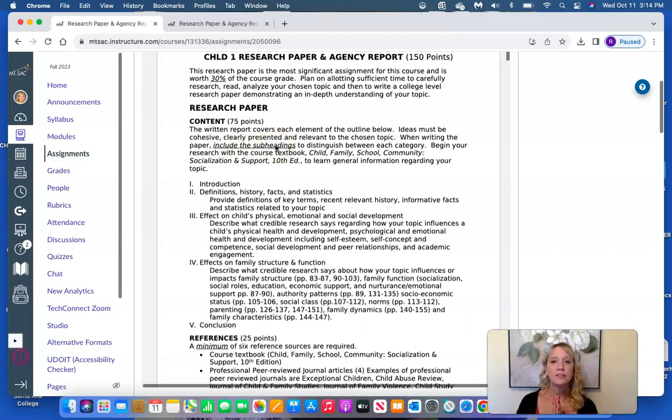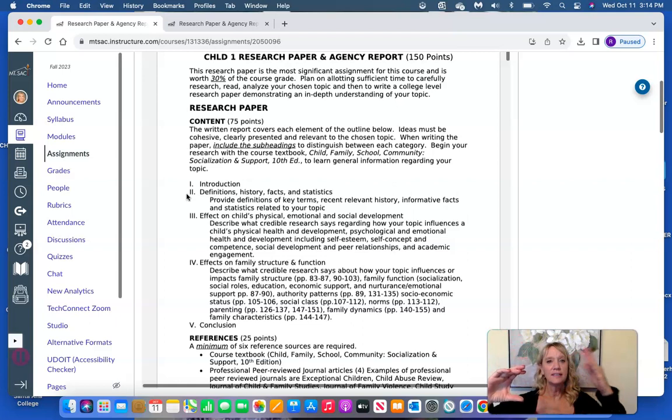You're going to have the introduction of what your paper's about, a good paragraph. Then the second part, with Roman numeral 2, is the definitions, the history, the facts, and statistics. So make sure you have all that area done.